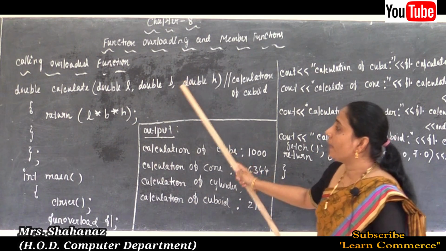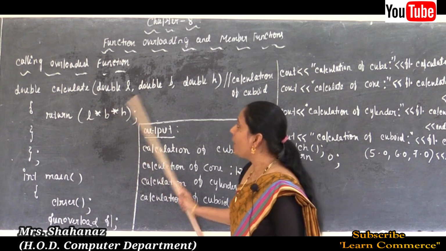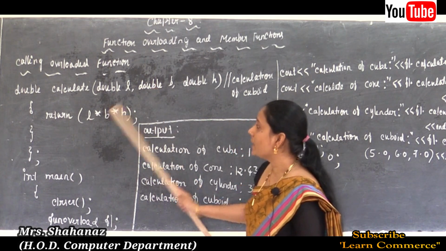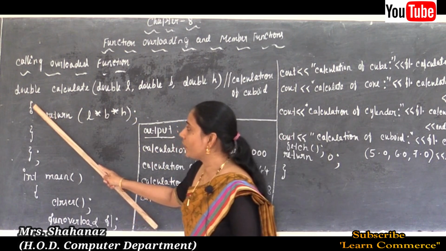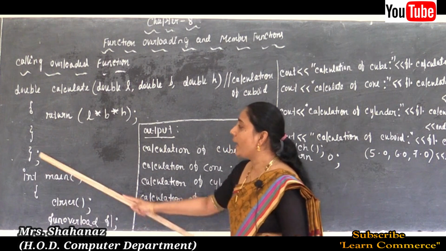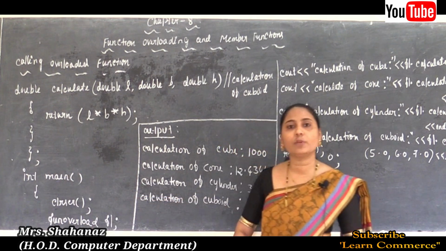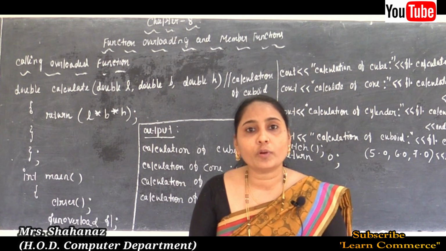Next, it makes the calculation using the arguments, L into B into H. Whatever flower bracket we opened, we close, and then we close the flower bracket with a semicolon, and this is called the end of the class definition.